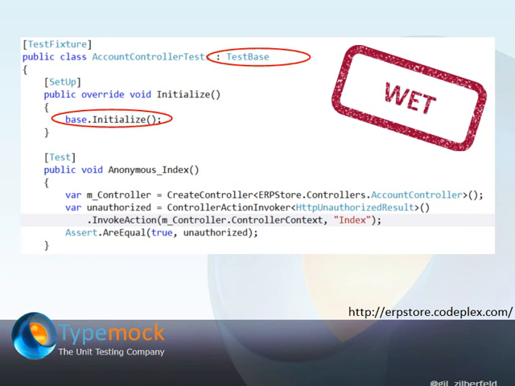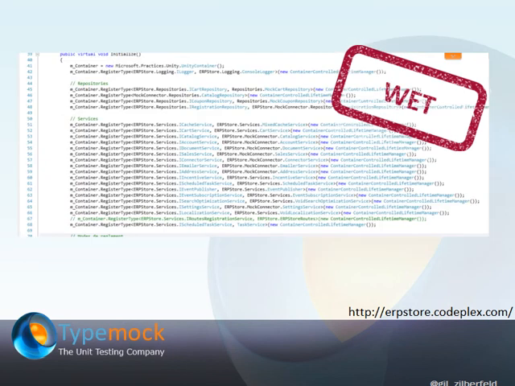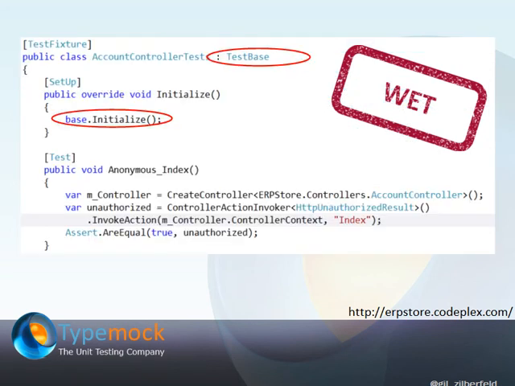So they created a base class for the tests, and in the initialize method they call the base initialize. Just to give you a taste of what's going on in this initialize, we'll get to this in a minute. It's in very small letters, and it doesn't end at what you see. That's the initialize in the base class. But we'll get there in a minute.